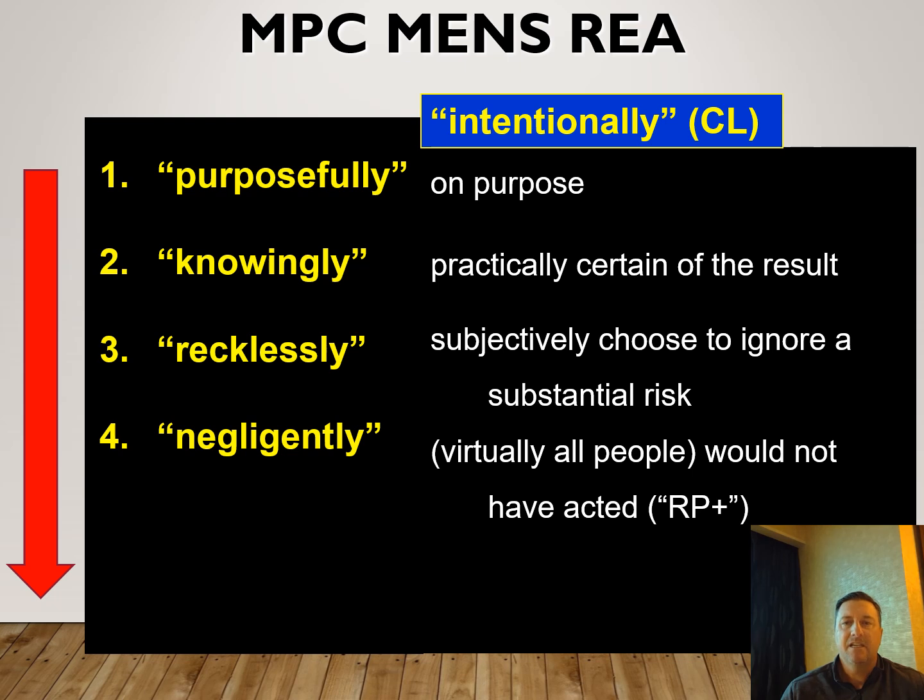And then we're really talking about I subjectively knew a risk and I subjectively chose to ignore it when I'm acting recklessly, or to some degree negligently, being a little different than the negligence that we learn about in torts. So we're going to work through what is the mindset, what is the mens rea, the guilty mind, the morally blameworthy mindset that needs to be in place, that goes along with not only the statutes we evaluate, but some of the common law crimes that we're going to make sure we commit to memory for this course.